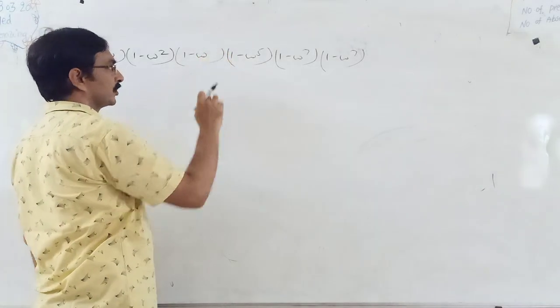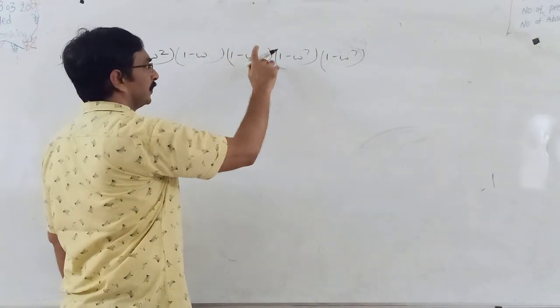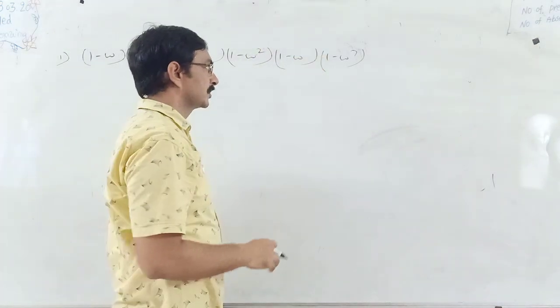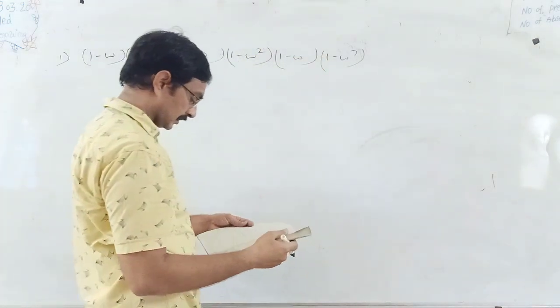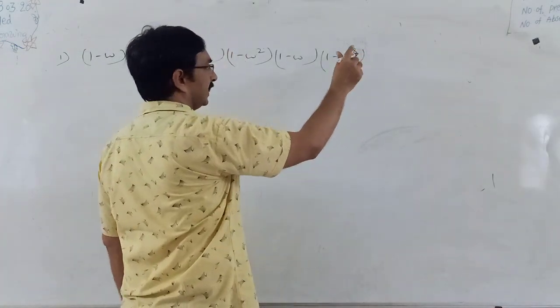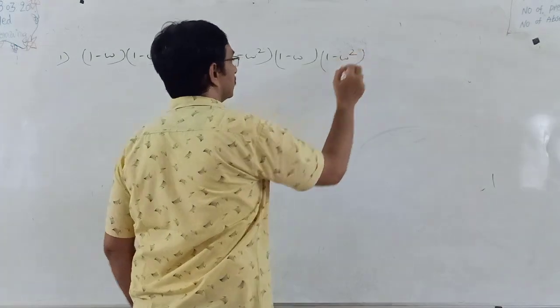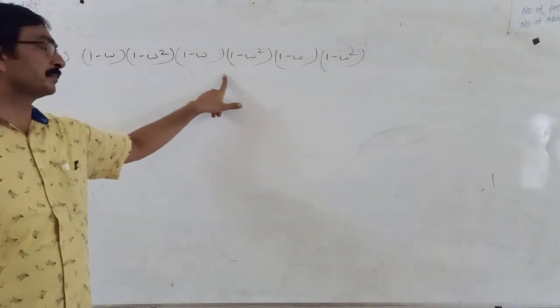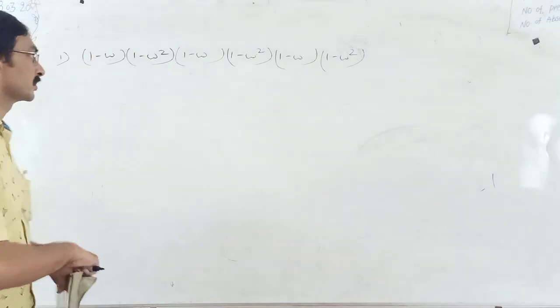Omega power 4 is omega. Omega power 5 is omega square. Omega power 7 is omega. Omega power 8 is omega square and so on. So the product of the first pair is the same as the next pair, the same as the next pair and so on.